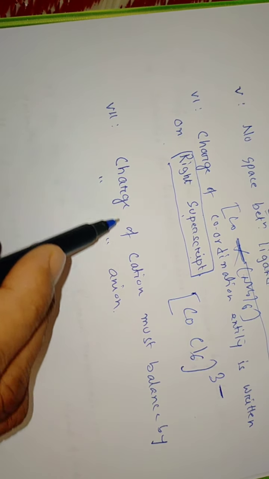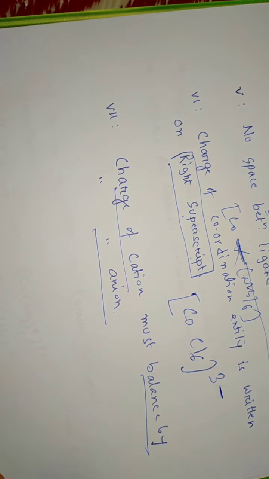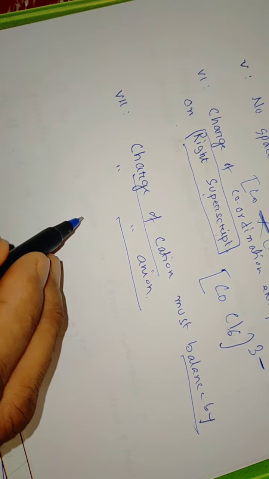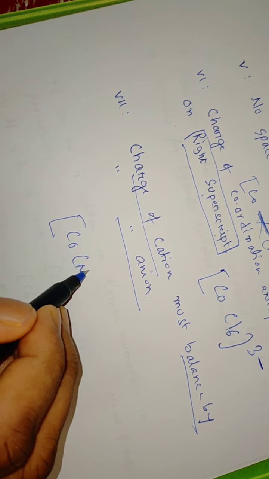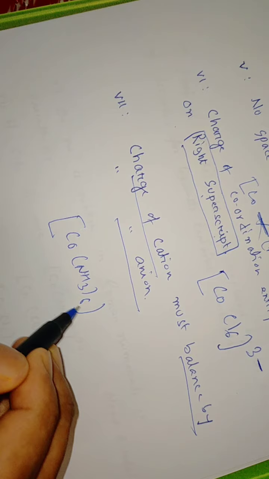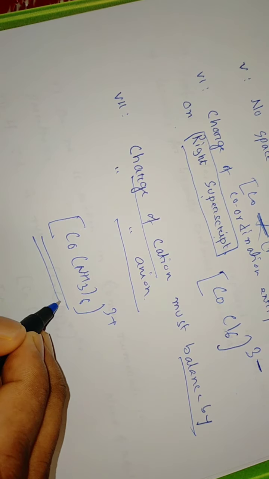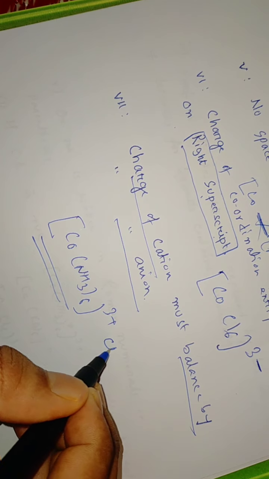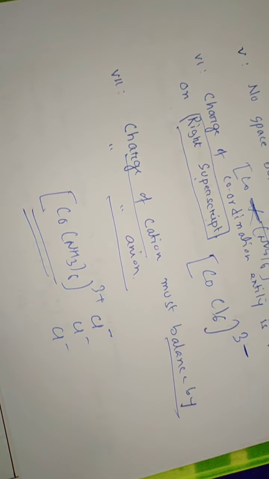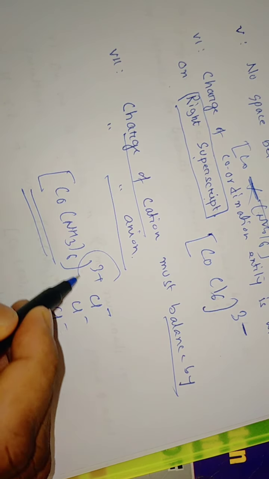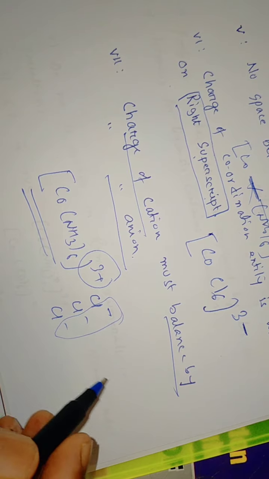Last one, charge of cation must be balanced by charge of anion. So if a complex is like that, Co(NH3)6, this is tri-positive, this is the charge of cation, it must be balanced by charge of anion. For that we have to write 3 Cl negative. So charge on the cation must be balanced by the charge on the anion.